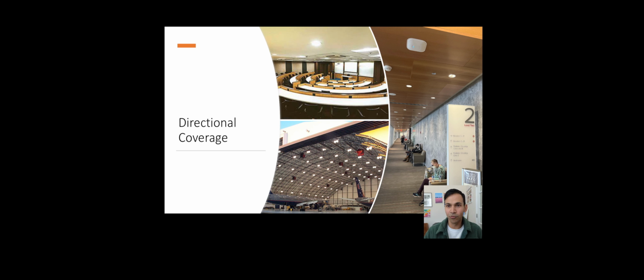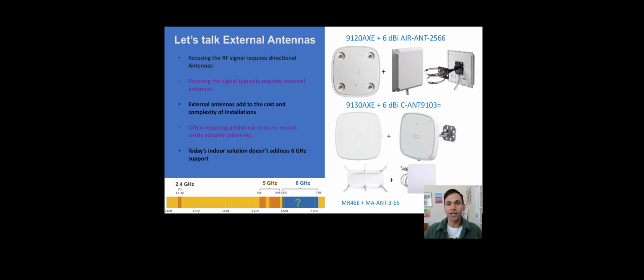Is there a better way that we can take care of this? Today's options are the 9120AXE access point with the 2566, along with the 9130AXE with the 9103. Both use a 6 dBi patch antenna, or in the MR46 scenario, we have an antenna as well.